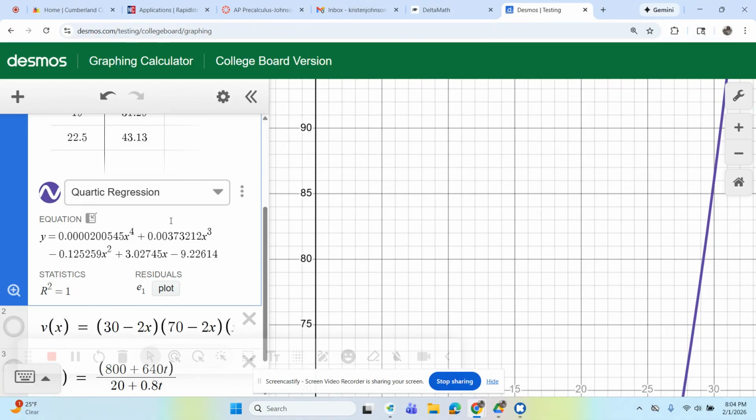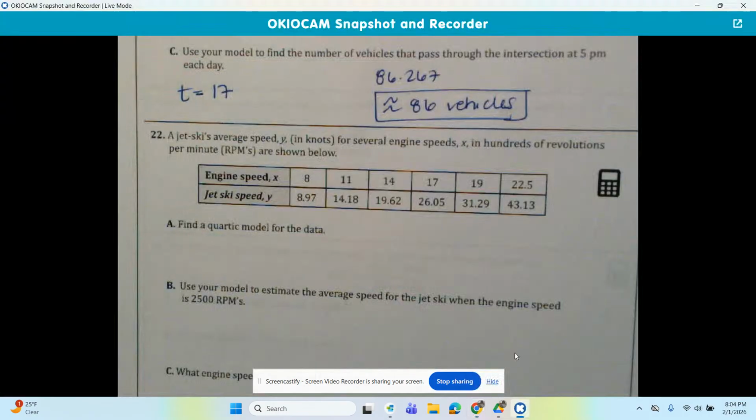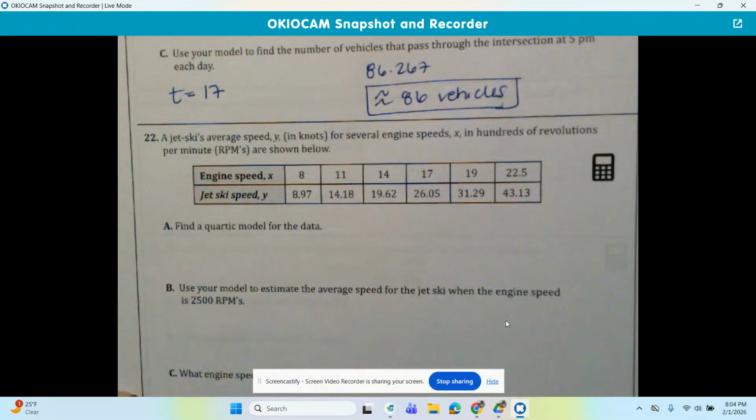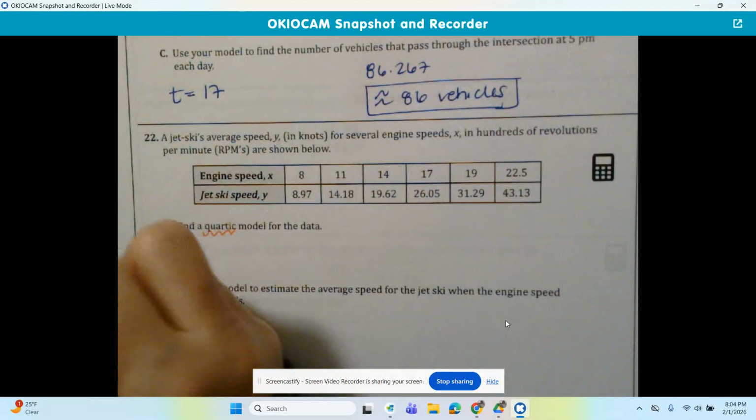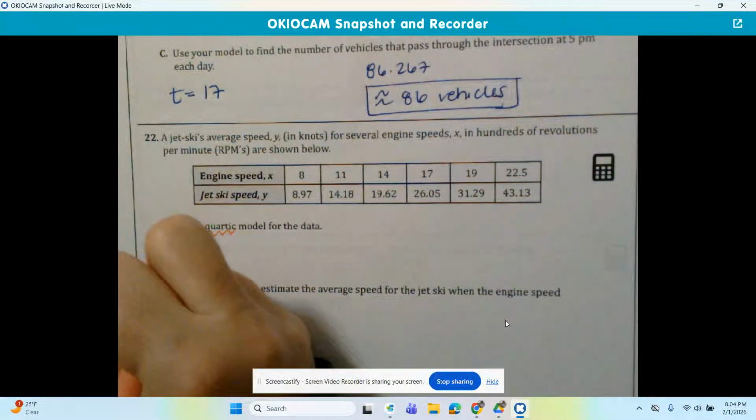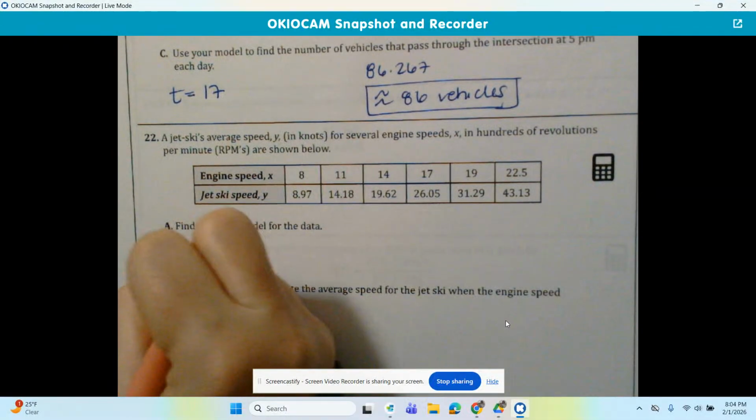Now, if you were to type this in your actual calculator, you're going to get like 2.005 e negative 5. Desmos doesn't do that as often on our equations as your regular calculator would do, but let me just go ahead and write out this model. So quartic, so we're going to say y equals 2, 3, 4.